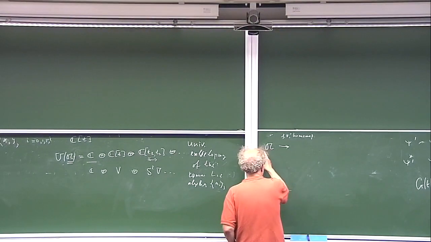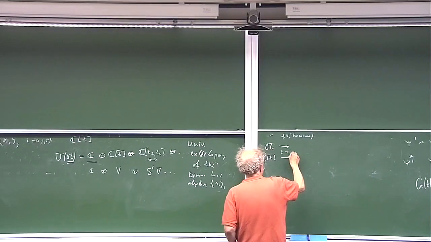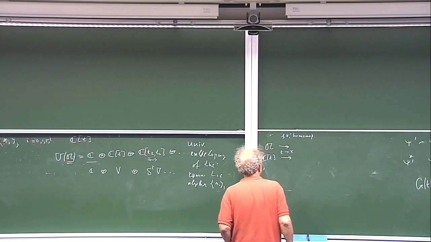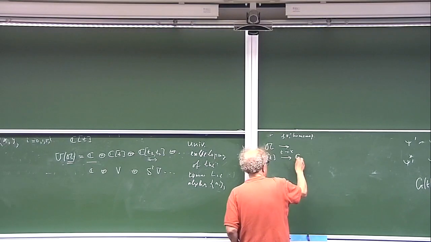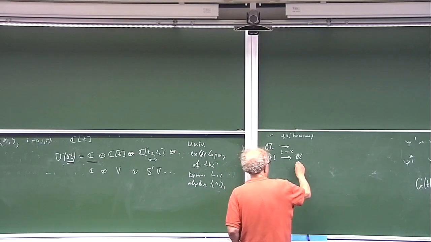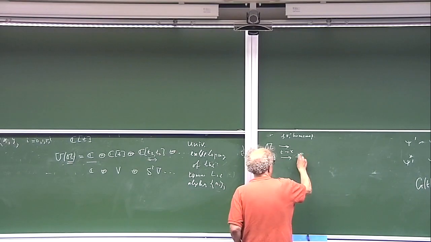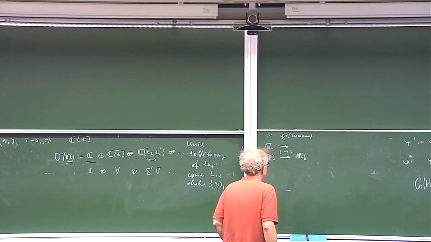This is because it is C[t], so we can send t to some x and just take the value here, and it goes to a one-dimensional algebra, maybe C sitting at a point x.